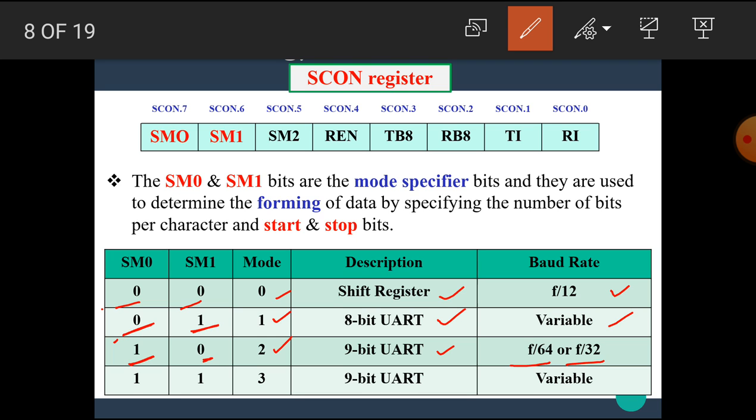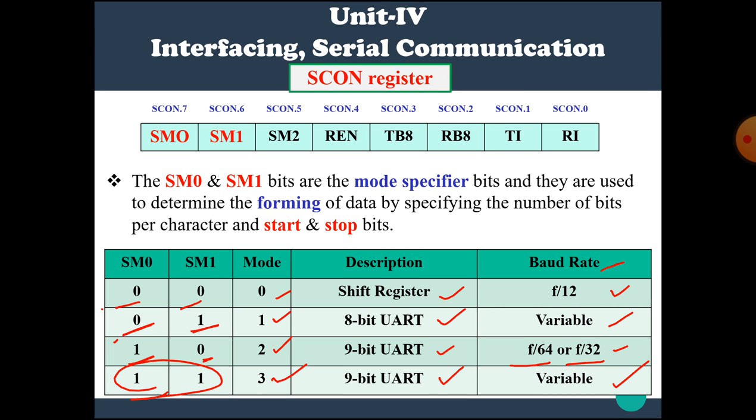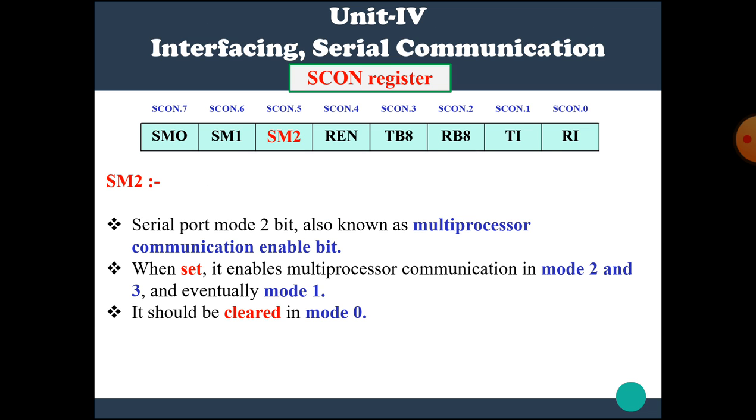And if both have the value 1, that means SM0 and SM1 are equal to 1, then mode 3 is selected, which is also 9-bit UART, and its baud rate is variable. Okay, that means the selection of the mode depends on the bits SM0 and SM1.